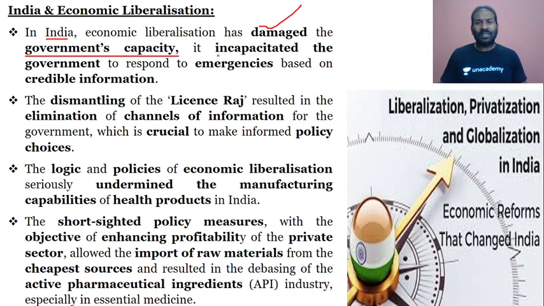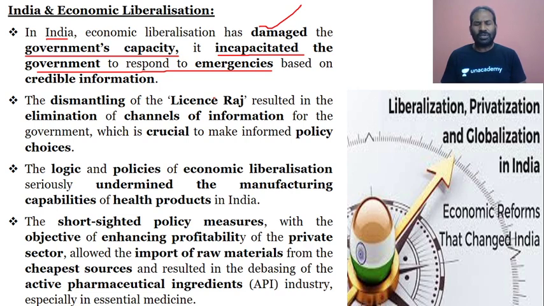That means it has incapacitated the government to respond to emergencies, because the government does not have total control on the production, because the production is by the private players. Thereby they have lost the government's capacity, and it has damaged the government's response to react to emergencies.